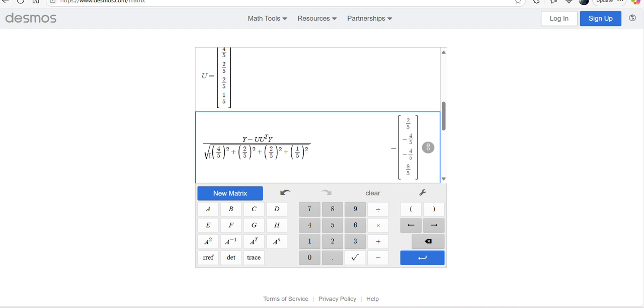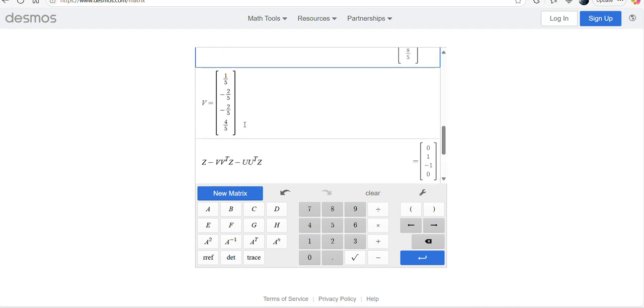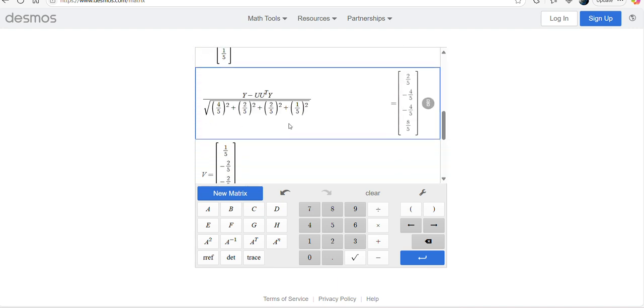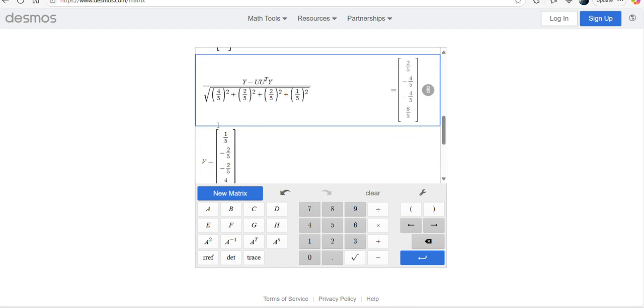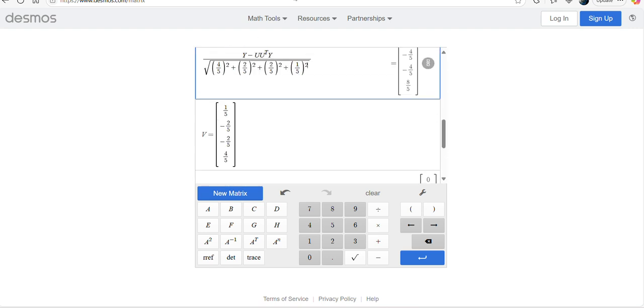Yeah, that's how you normalize or unitize. And then we did the same thing here. We just store that in the V matrix. So that's how to do it in Desmos.